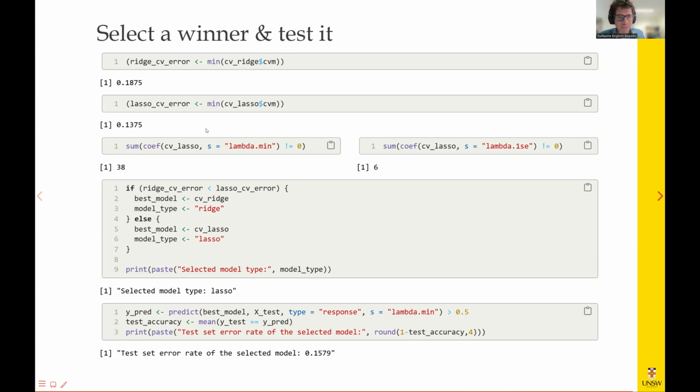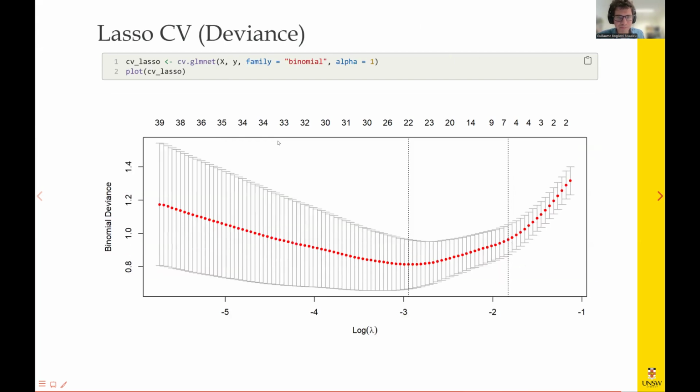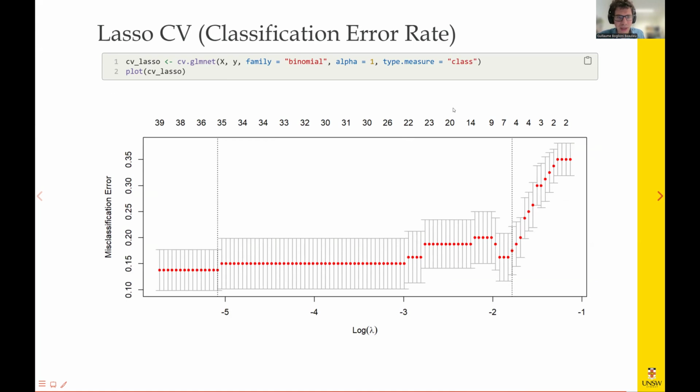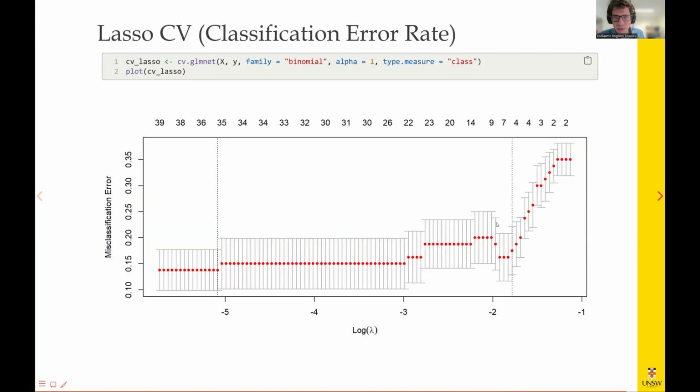How many coefficients do we have if we use lambda min, so the absolute minimum of the lambda, when we're minimizing the classification error? This is this number here, 38 apparently. But if you use 1 standard deviation away, now you get way fewer predictors, which you might be happy about.